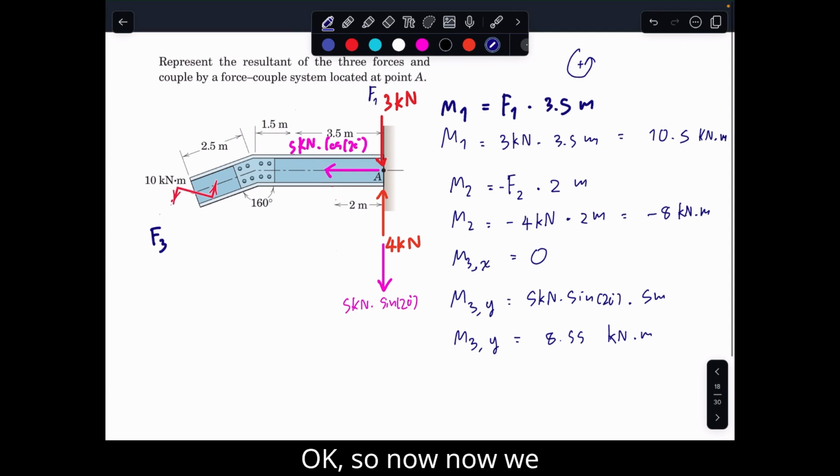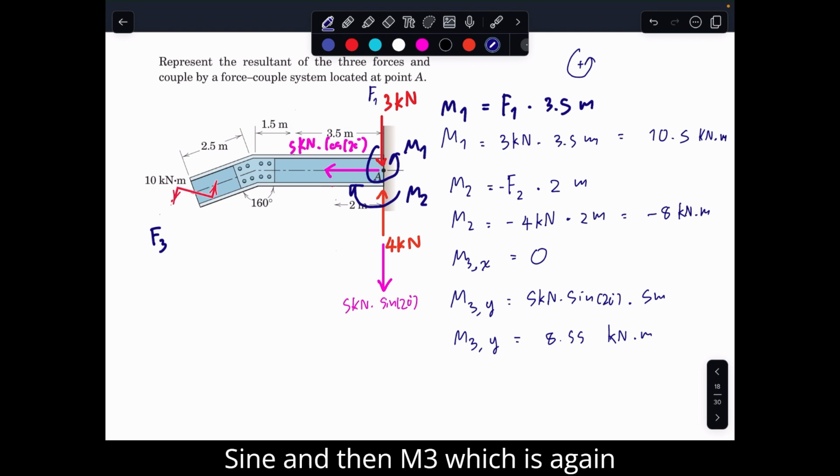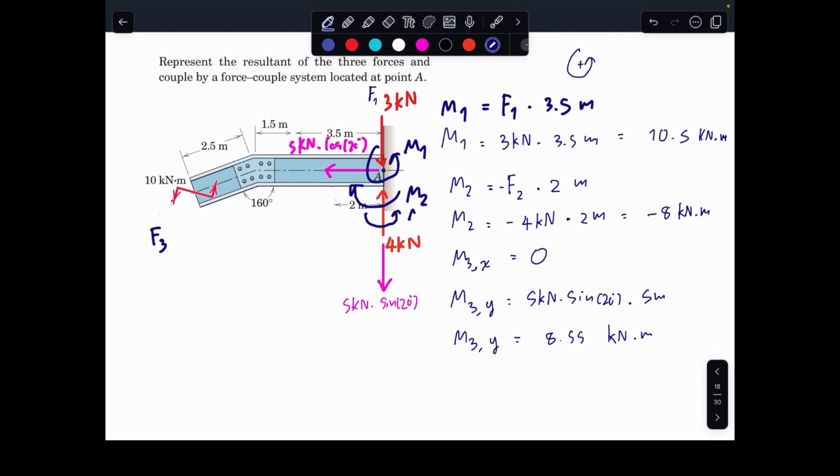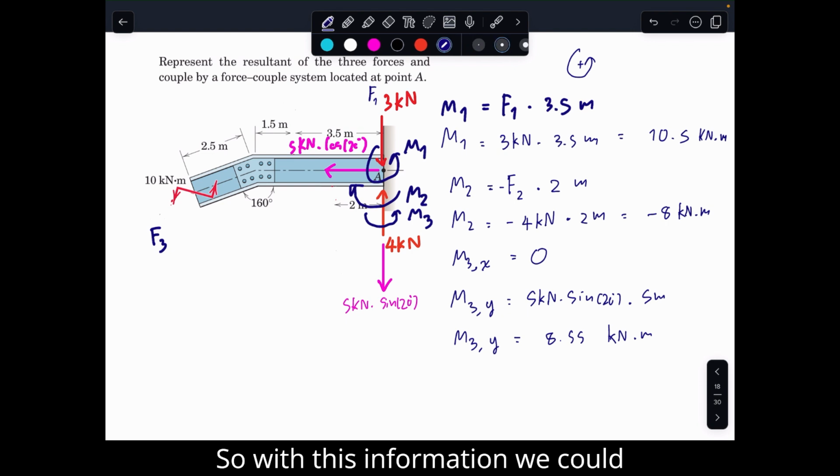So now we have the moment M1, then M2, which is minus, and then M3, which is again positive. With this information, we can summarize the forces and moments into a force couple system.